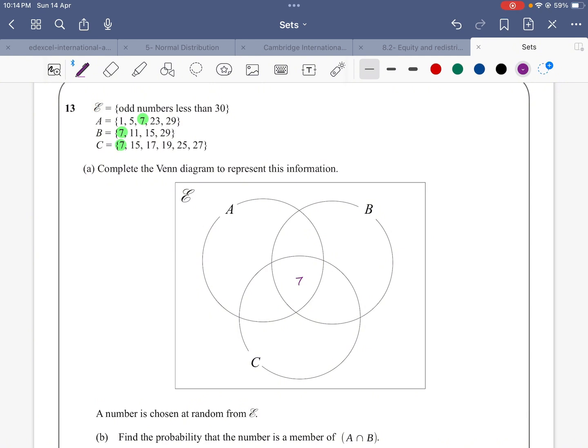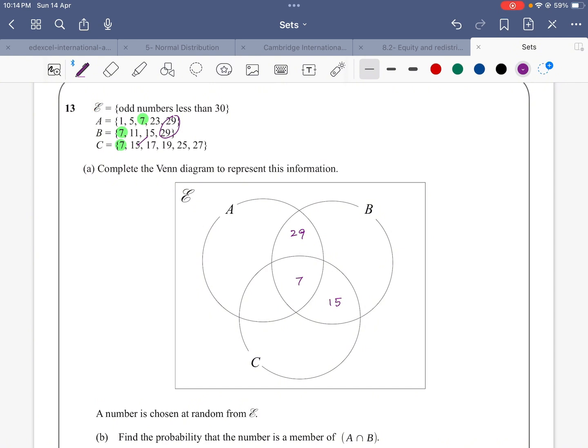In A and B, we have 29. That's it. So A and B, we have 29. In B and C, we have 15. That's it. BC, we have 15. A and C, we don't have anything common.